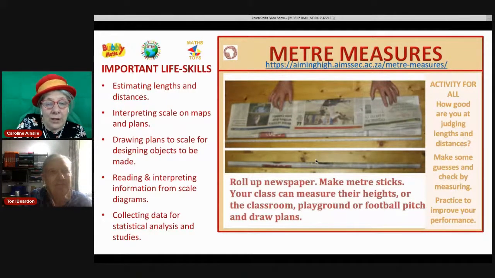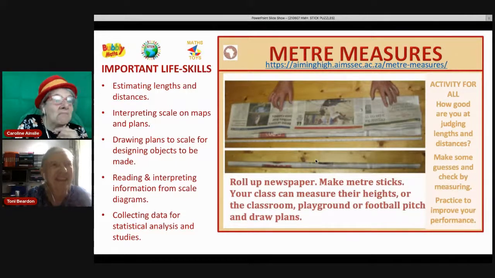And measuring around your house, seeing how big your garden is, and if you want a pool, you say, well, I want a pool, Mum, Dad, and this is how big it needs to be because you've measured it. That might give some weight to the argument of getting a pool, and you never know. A pool for people to swim in, or a pool for frogs and fish? Absolutely. And then work out how much water you'll need as well.